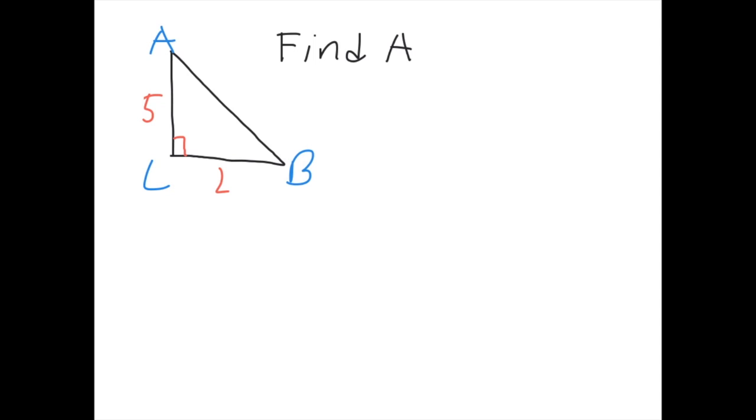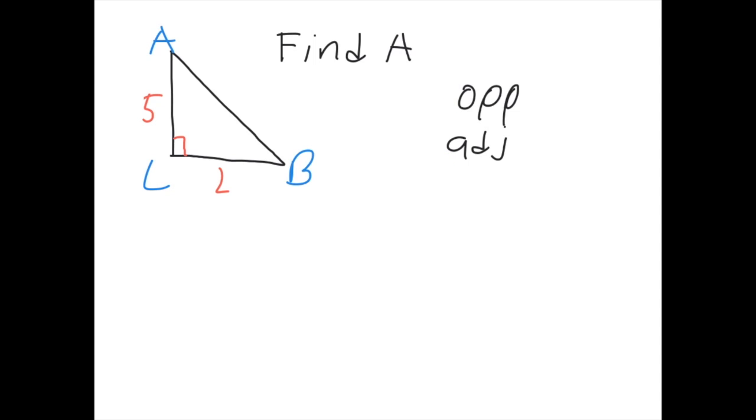You have to see what side are they relative to angle A. 2 is opposite angle A. So you have an opposite. And 5 is adjacent angle A. So you also have an adjacent. Which trig function deals with opposite and adjacent?